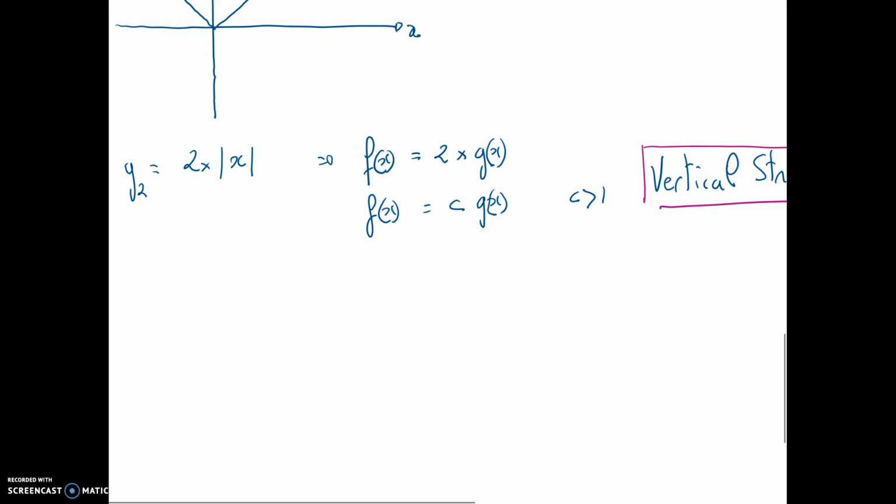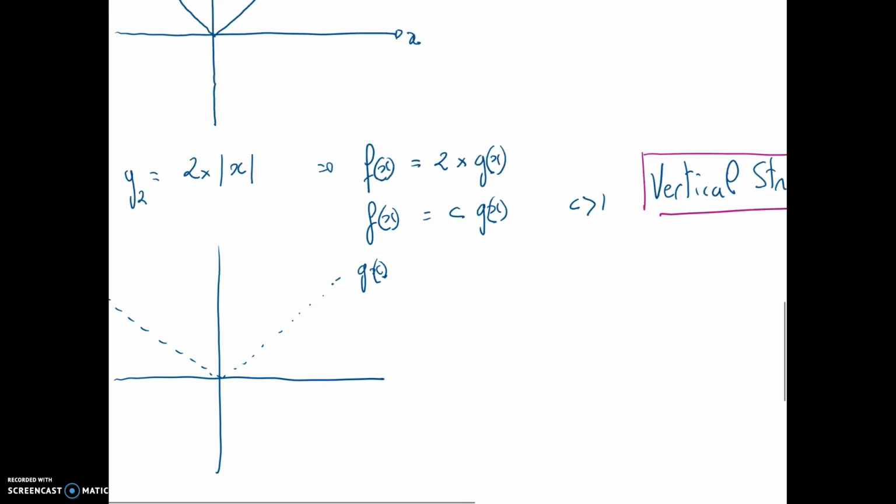That means that your new graph, if I represent the graph right there, g of x, now if I want to have 2 times g of x, I'm going to have that. Okay? And every single point has the value of f multiplied by 2.